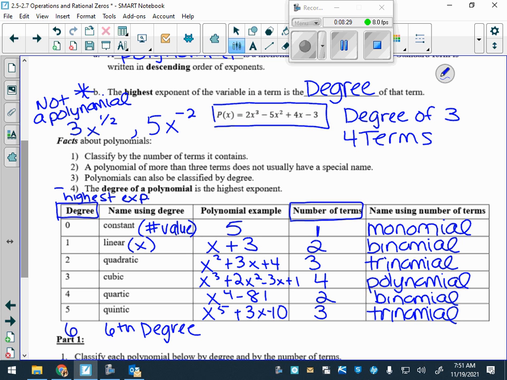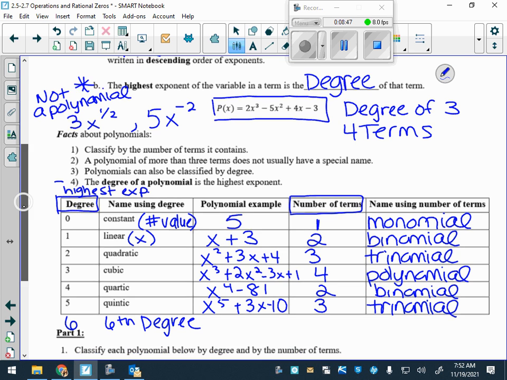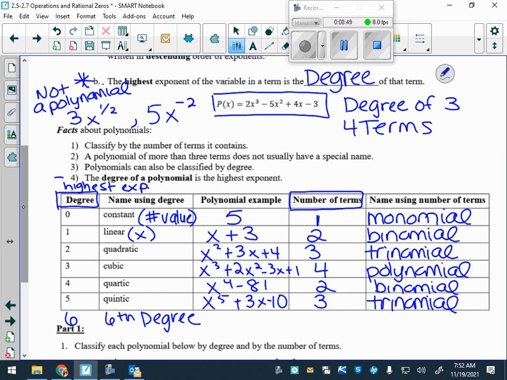These are examples that are not polynomials. Negative exponents and fractional exponents, okay? Those two things are not polynomial functions, all right? They have to have whole number exponents, okay? So whole number exponents is a polynomial.